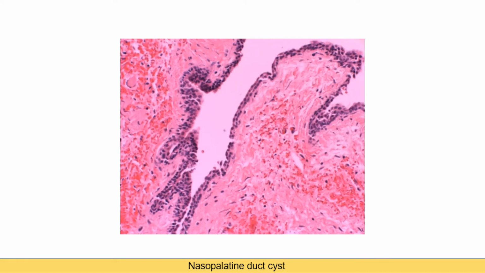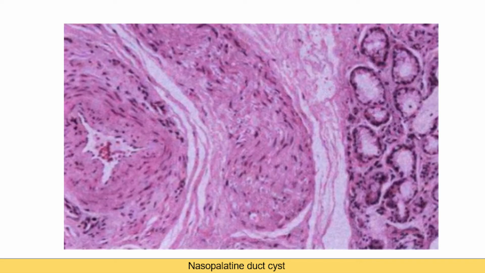These are the flattened cuboidal epithelial cells, as you can see, and those in red are the inflammatory cells. Next, on the right side, you can see the salivary glands, and on the left side are the nerve bundles.